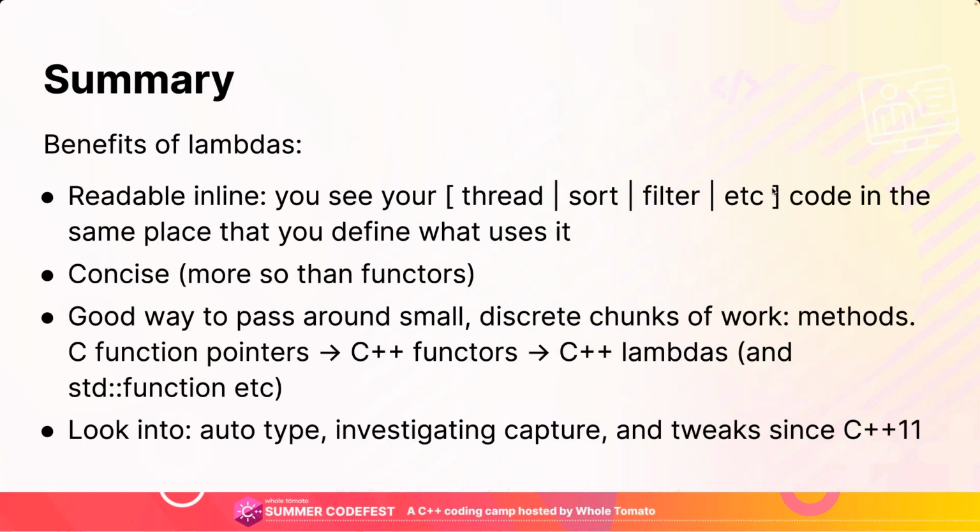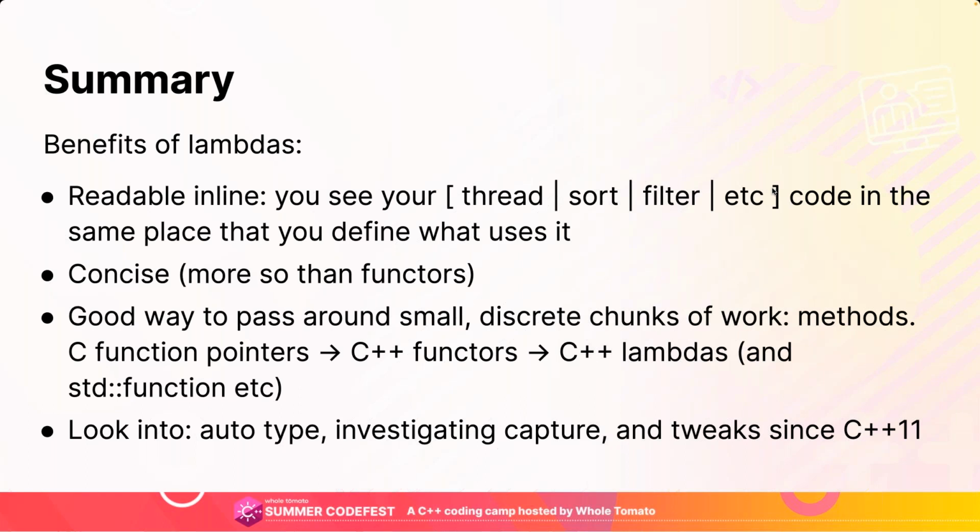So there we are. That's the summary of the various benefits as well. They're readable in line. I've gone over this quite a bit, but I think it's one of the most important things about them. You see the code that is run in the same place where you define what uses it.